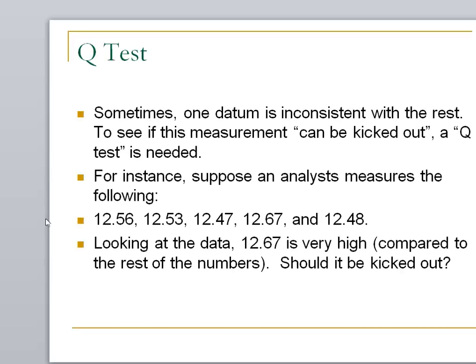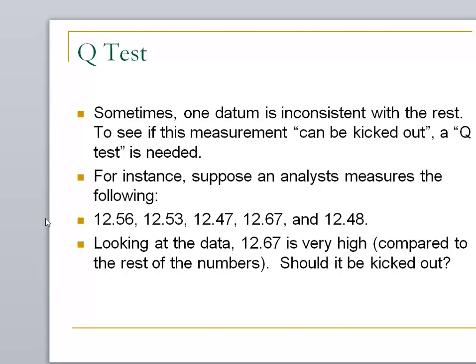So in the PowerPoint presentation, this is going to be the slide that we're working off of. And it says, imagine that you have this set of numbers: 12.56, 12.53, 12.47, 12.67, and 12.48.